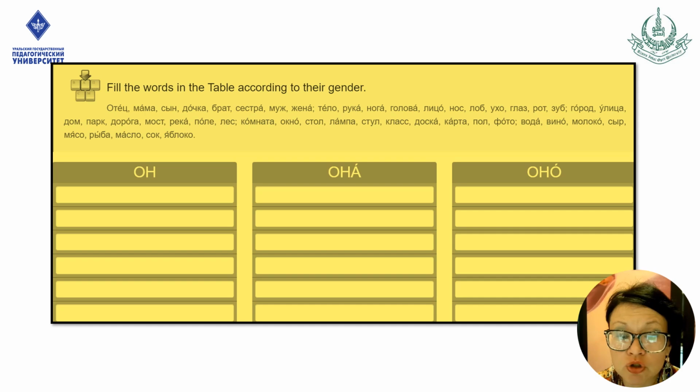So you see the majority of Russian nouns are masculine or feminine gender. Neutral gender is not so big, and it comprises nouns ending in o and ye, right?